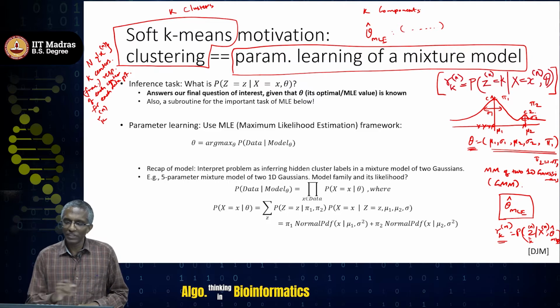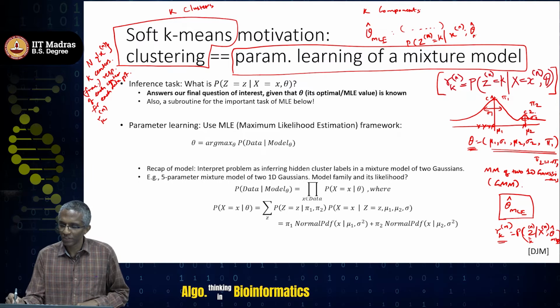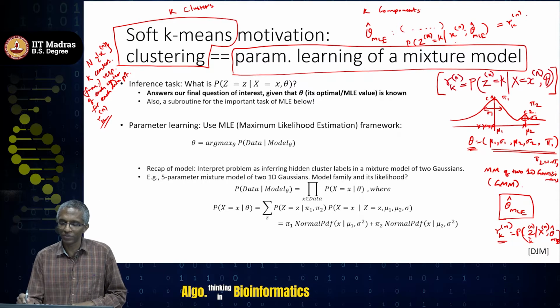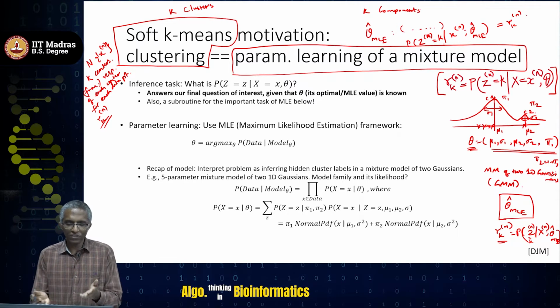Then once you know the theta hat MLE that this EM algorithm has given you using this maximum likelihood approach, then you can calculate again your probability that z_n equal to k, given that you have observed the data point x_n and using your current best set of parameters theta hat MLE. And this is essentially equivalent to this responsibility vector r_k of n. Okay. So, whatever was the responsibility here is this probability calculation here that comes from the inference on this mixture model. So, this is how the two things are related.